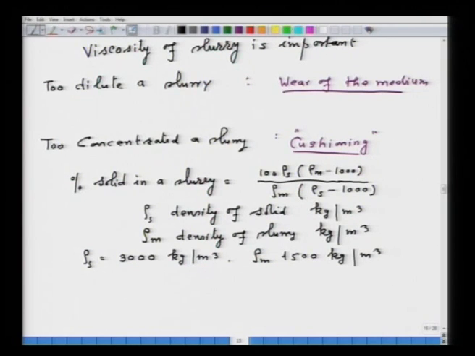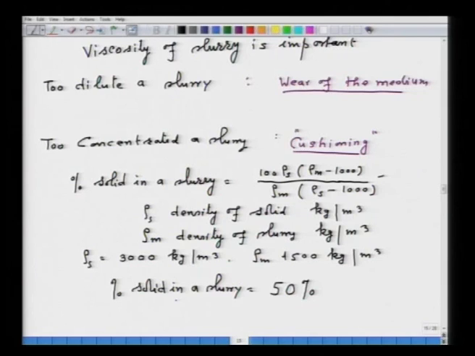Then I can find out the percent solids by putting both these values into the formula. So, I can know now the percent solids in a slurry, that will be equal to 50%. You can substitute those values, it is very simple, just substitute the values and you will get the answer.